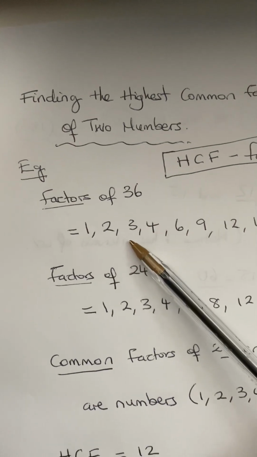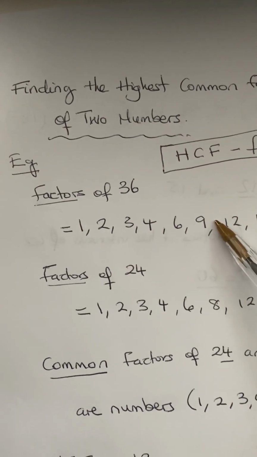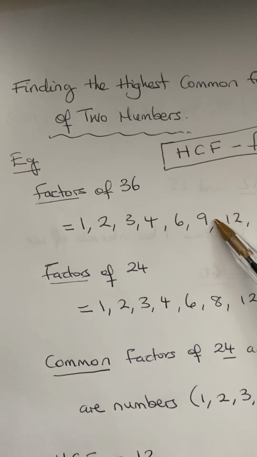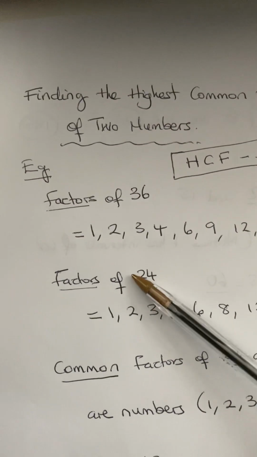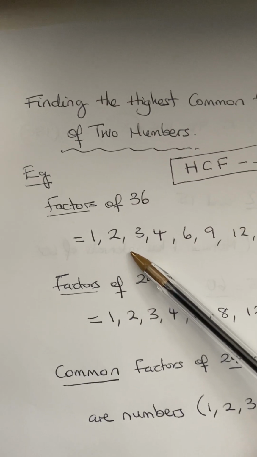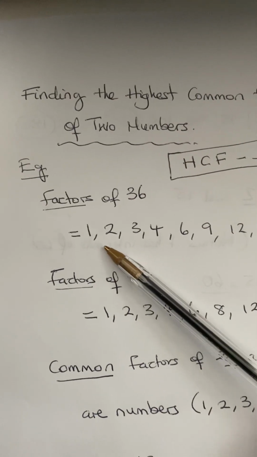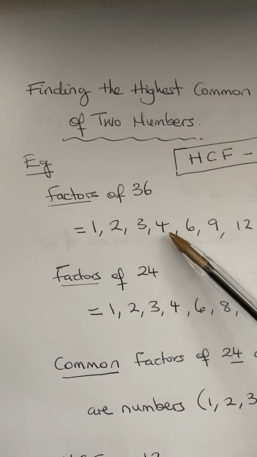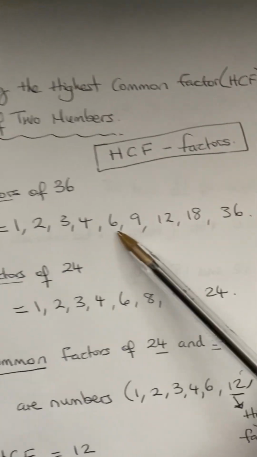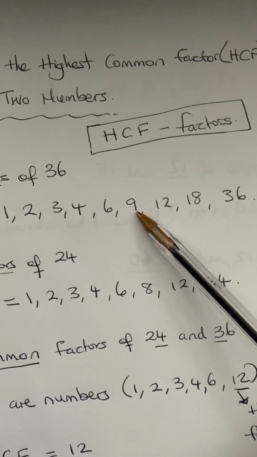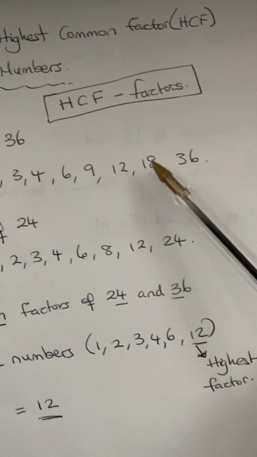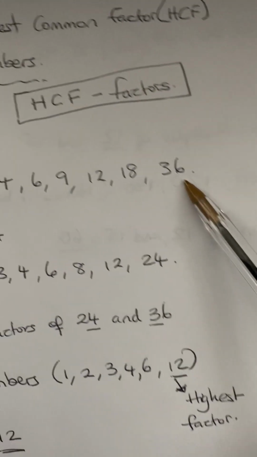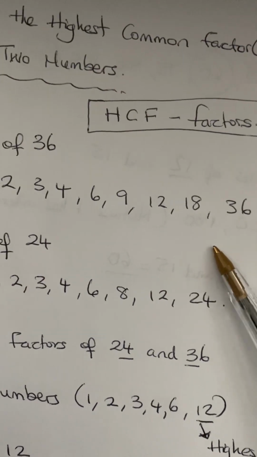If you want to know how to find factors, look at the video we did yesterday on the 9th of June. Okay, so the factors of 36 are 1, 2, 3, 4, 6, 9, 12, 18, and 36.